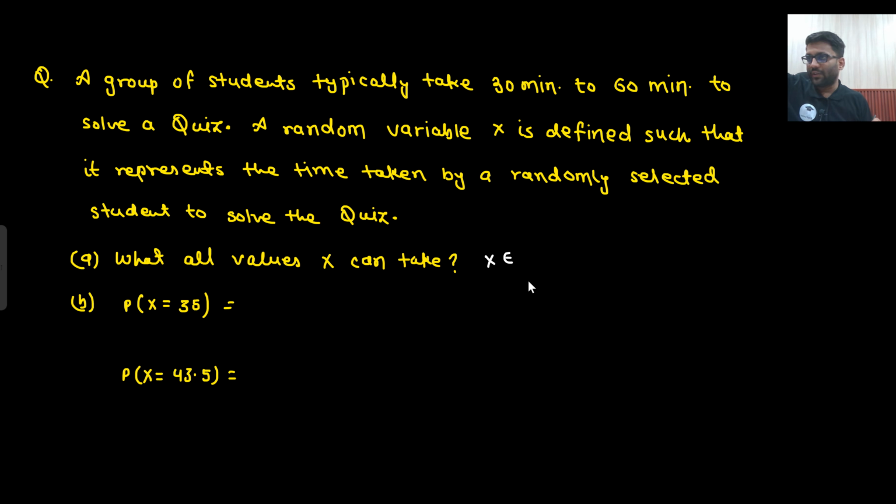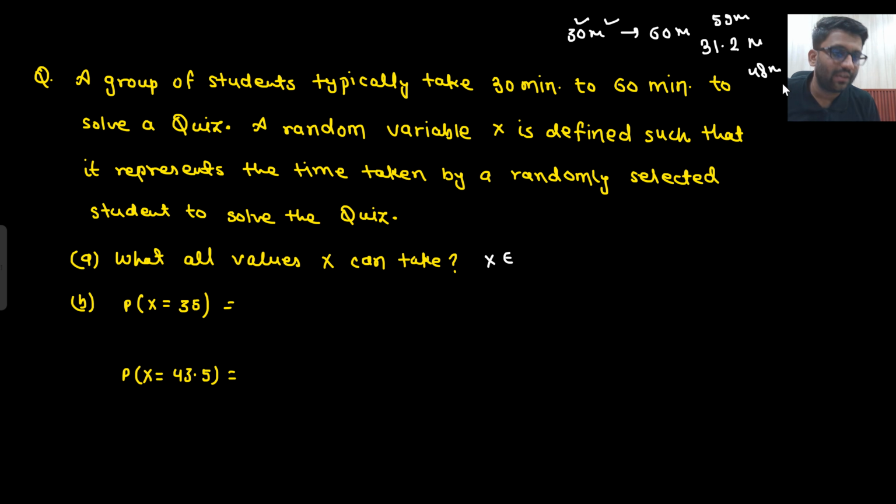You know that this group will solve the problem in 30 to 60 minutes. Some student will solve it in 30 minutes, some in 31 minutes, some in 31.2 minutes, some in 59 minutes, some in 48 minutes. So any value between 30 and 60 they may take.